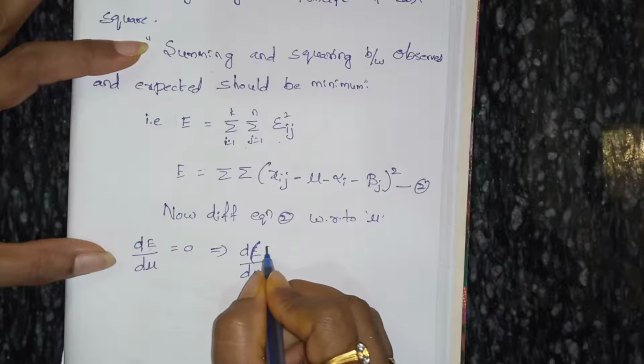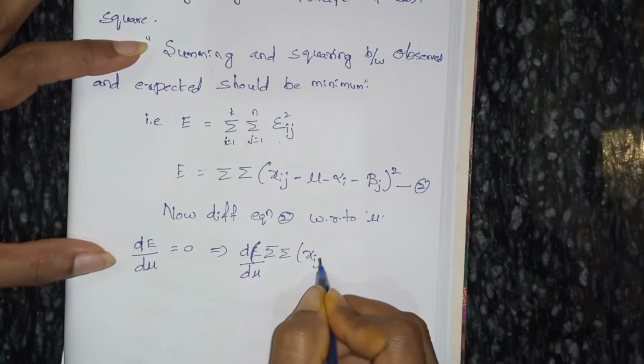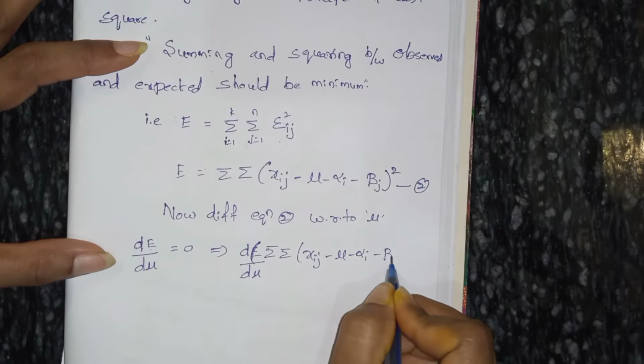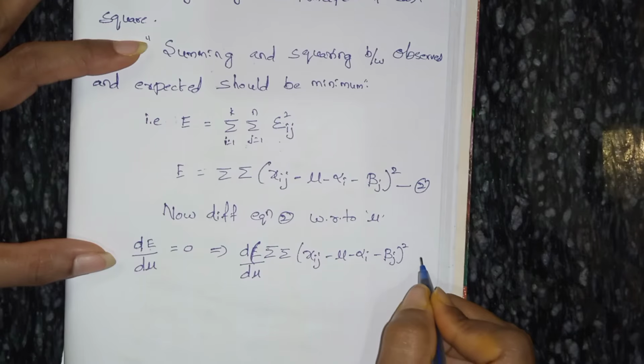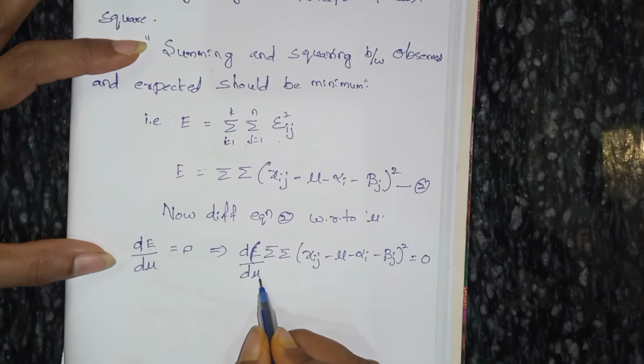That means double summation xij minus mu minus alpha i minus beta j whole square equals 0. Here we are going to differentiate with respect to mu itself.